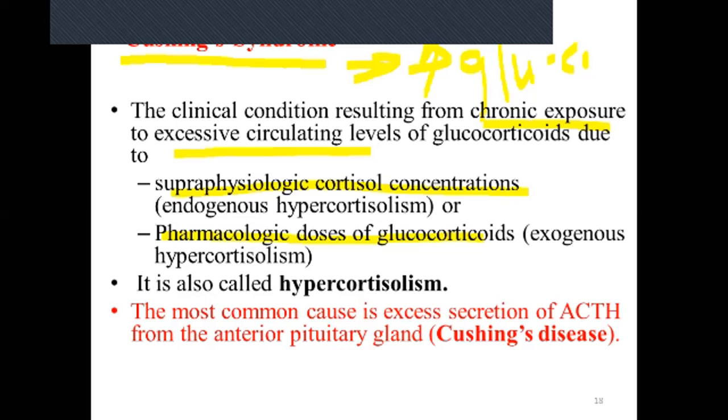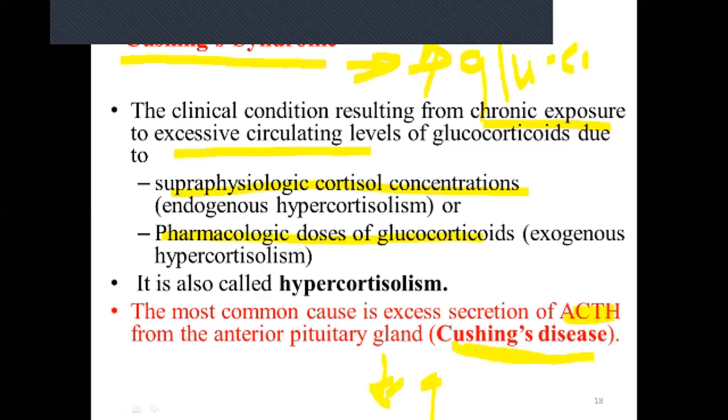But remember, the most common cause is usually excess secretion of ACTH from the anterior pituitary. We call it Cushing disease. So when you say Cushing disease, it is excess production of ACTH and ultimately increased cortisol level. The problem is from the pituitary in the case of Cushing disease.